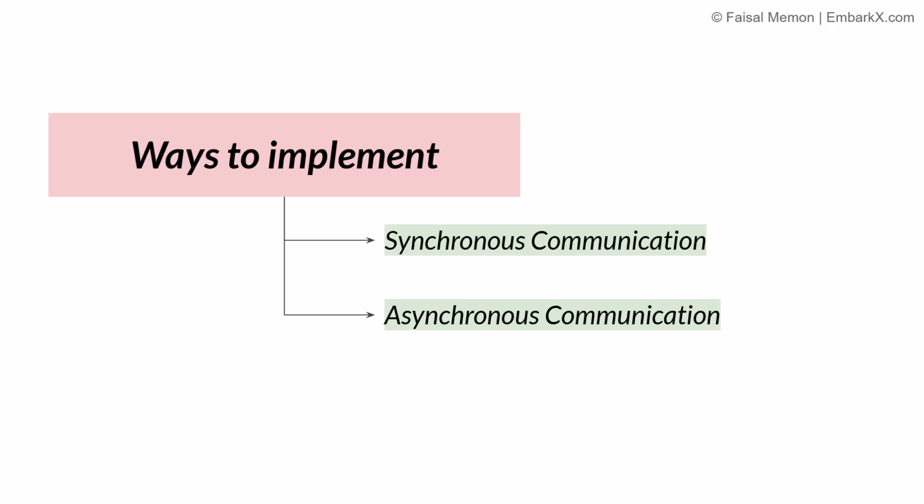So it's completely asynchronous, wherein the sending service won't wait for the response from the other service, and it will just continue doing its other task. So these are two ways of implementing inter-service communication. One is synchronous, another one we have is asynchronous.